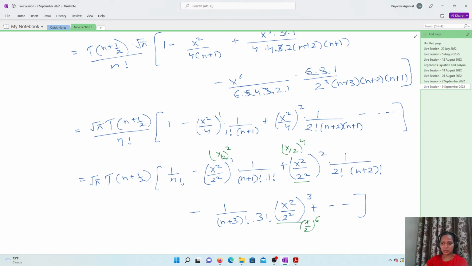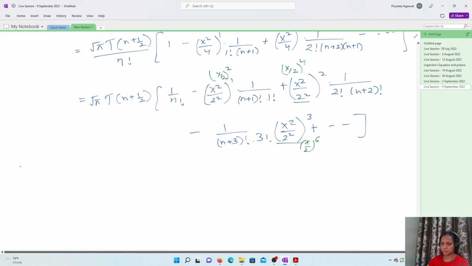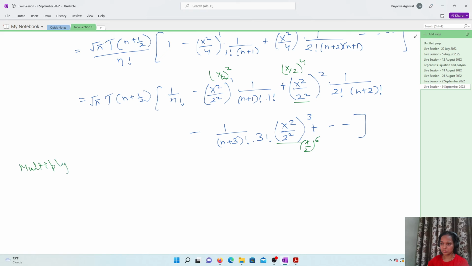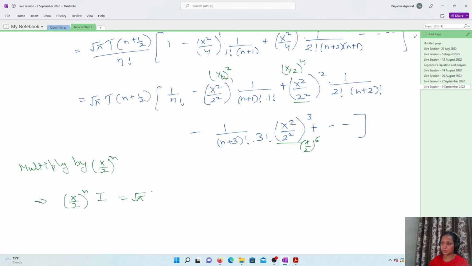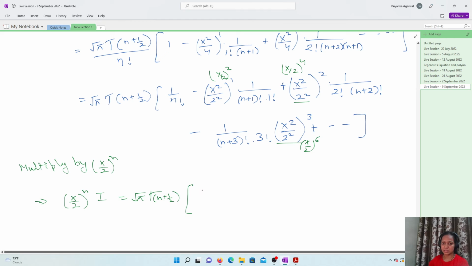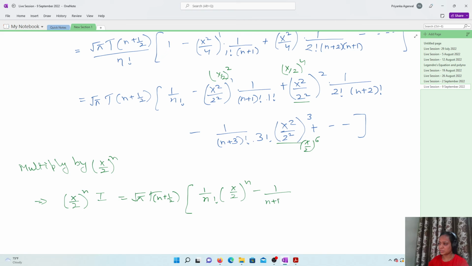Now if we multiply by x by 2 to the power n in this, we will get x by 2 to the power n I equals root pi gamma of n plus 1 by 2, and what we have is 1 by n factorial x by 2 to the power n minus 1 by n plus 1 factorial into 1 factorial x by 2 to the power 2 plus n.